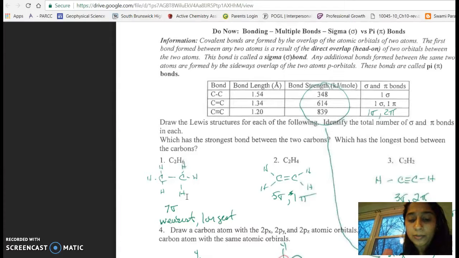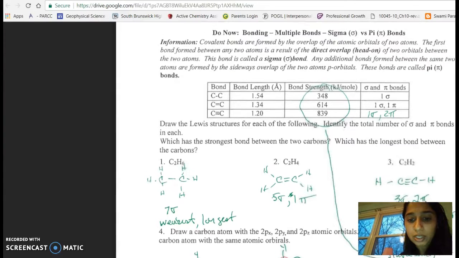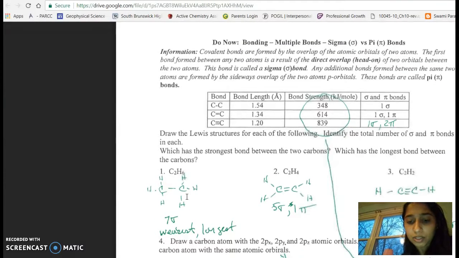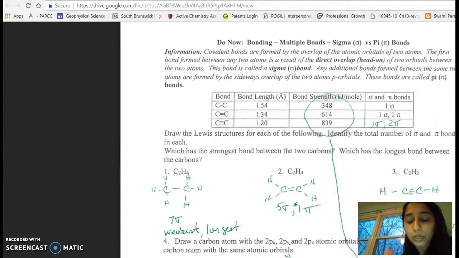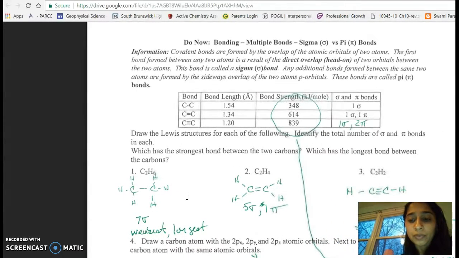Pi bonds and sigma bonds. Any double bond is a pi bond. You just have one double bond, so it's one pi bond. How many sigma bonds? 1, 2, 3, 4, 5. There's also a sigma bond between carbon and carbon. Okay, so 5 sigma bonds and 1 pi bond.